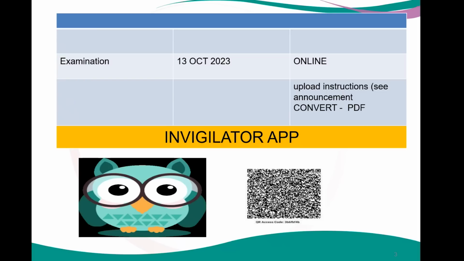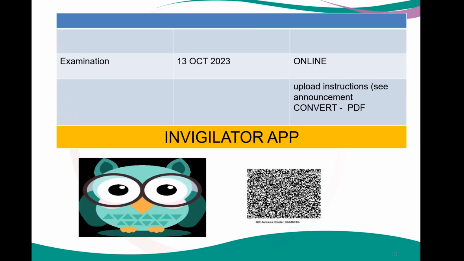I have posted on announcement all the information that you need to know before you write the exam about the Invigilator app. Let me tell you, the Invigilator app is very sensitive. We also do what we call proctoring. We can hear every noise you make, every shift you make, and whoever is seated next to you who is writing the same module, let me warn you.